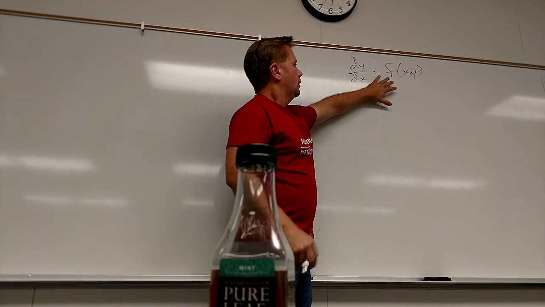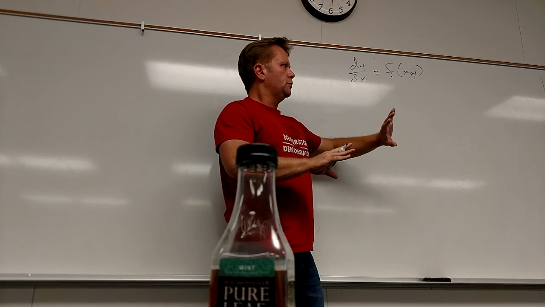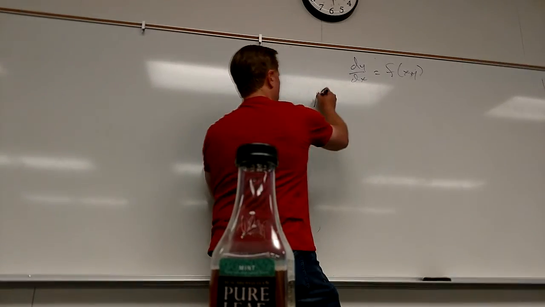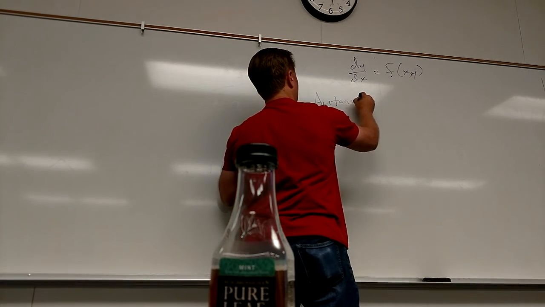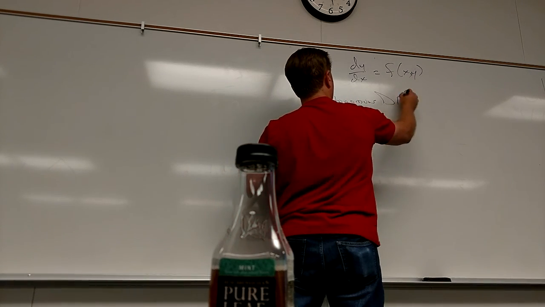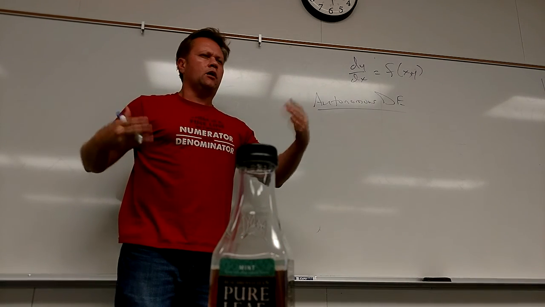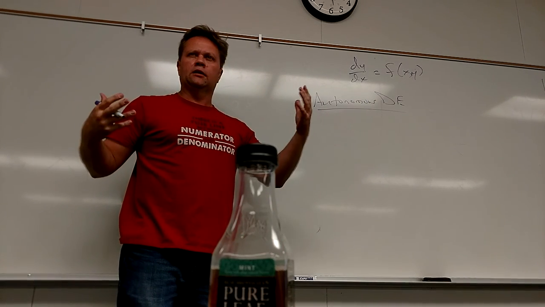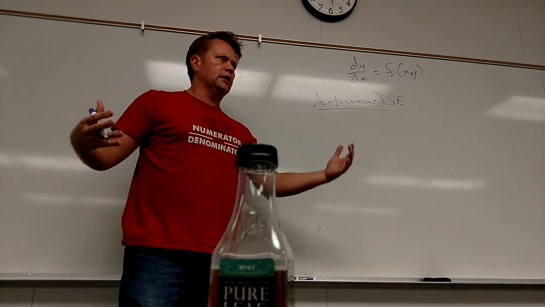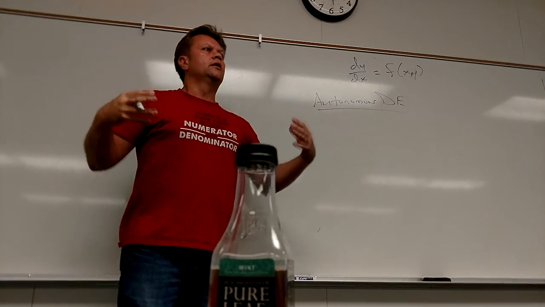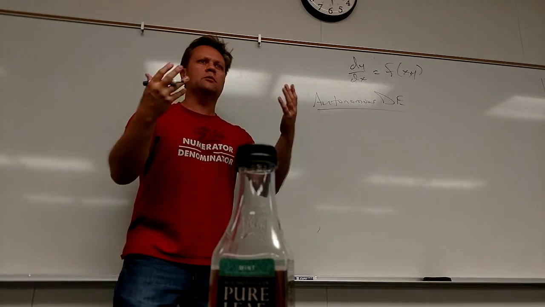Okay. I try to give us a little bit of a feel for what we're about to do. So an autonomous DE, an autonomy, what does that word mean? Anybody know? If you're an autonomous state or an autonomous... Self-governing. Exactly. So in this sense, it makes complete sense.